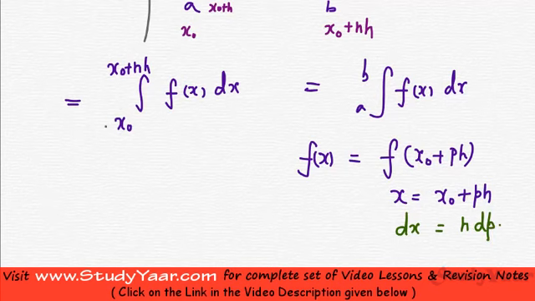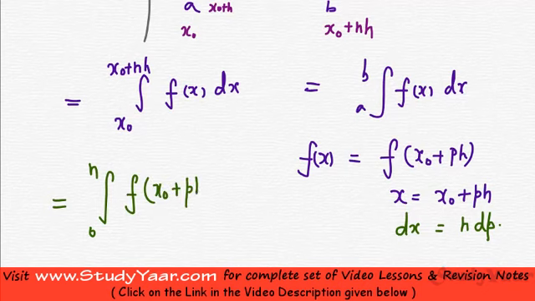When you have x equal to x0, your p is equal to 0, and when you have x equal to x0 plus nh, your p is equal to n. So you have this transformed into the integral from 0 to n of f of x0 plus ph, and instead of dx you have h into dp.